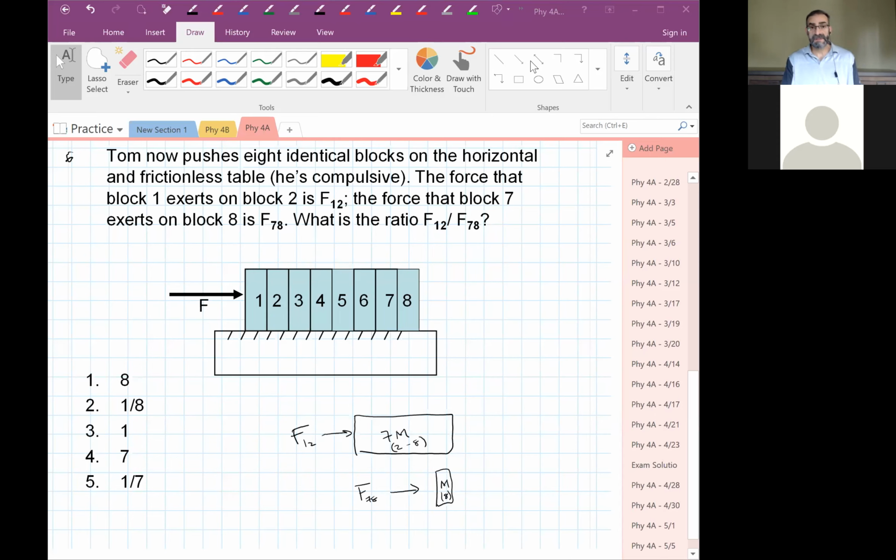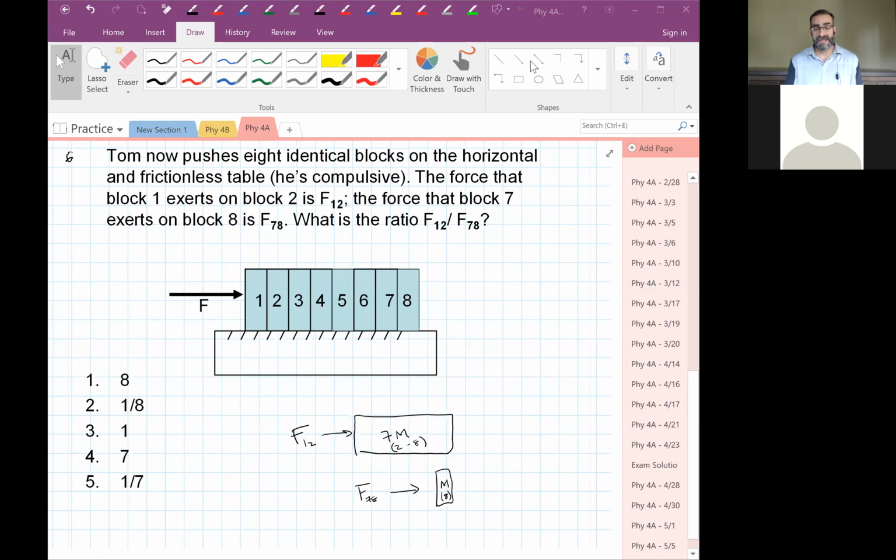So the force from block 1 on block 2 is causing 7 blocks to accelerate to the right. The force of block 7 on block 8 is causing 1 block to accelerate to the right, and they're all accelerating at the same rate. So the force 1, 2 has to be 7 times bigger than the other force. F equals ma.